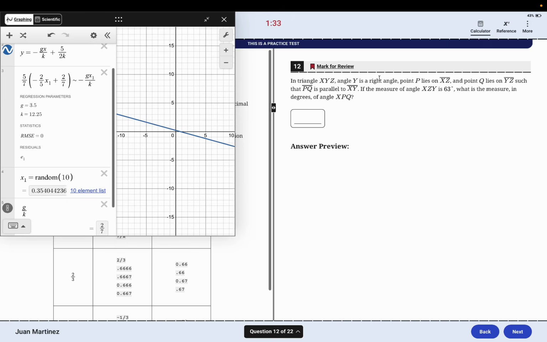If the measure of XZY is 63, find the measure of XPQ.